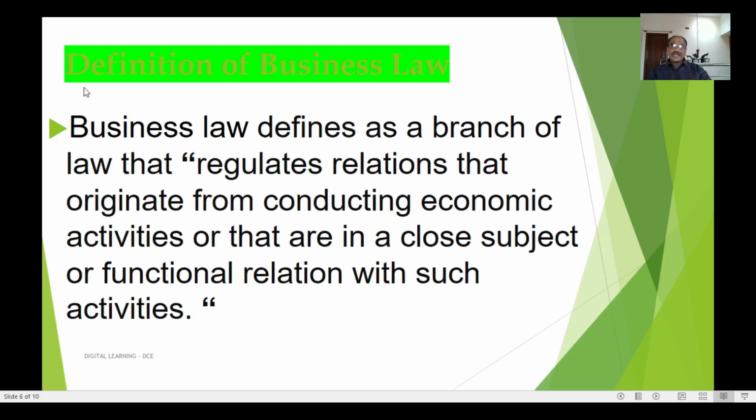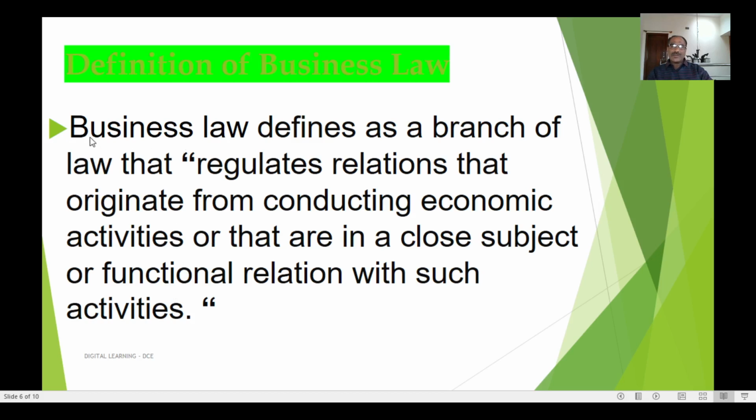Next, let us come to the definition of business law. So what is the definition of business law? Business law is defined as a branch of law that regulates relations that originate from conducting economic activities or that are in a close subject or functional relation with such activities. Let us see the definition once again.